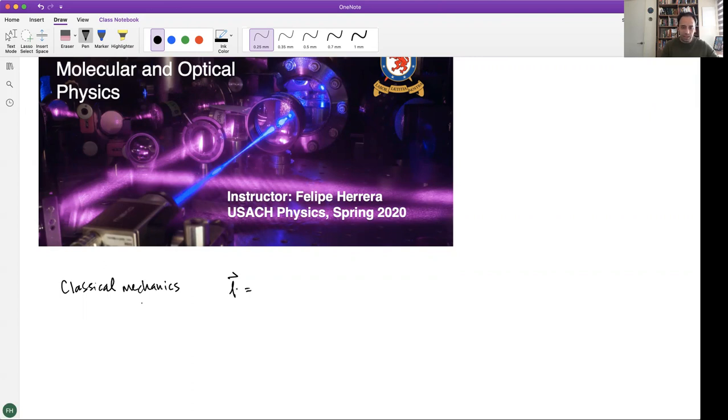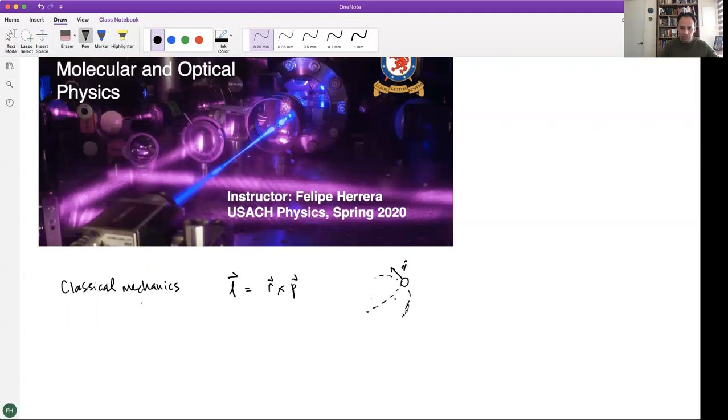Let's call it L, which is given by R cross P, where R is the position of, let's say, a moving particle with a certain mass that moves with some trajectory. And this particle, for instance, could be rotating around a certain axis.